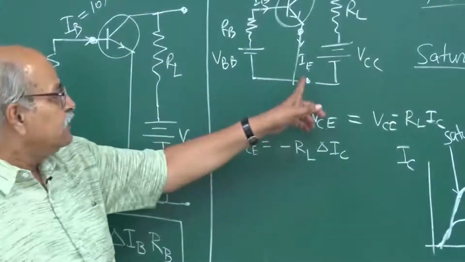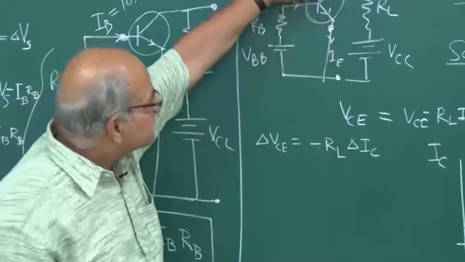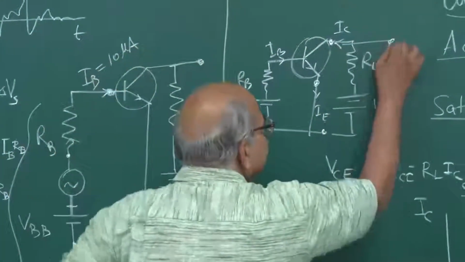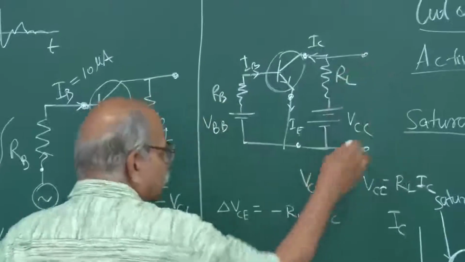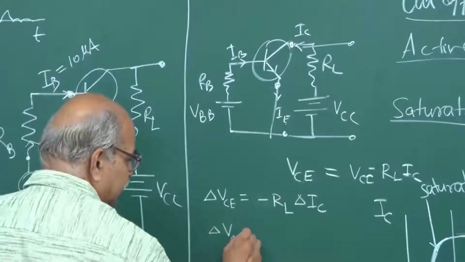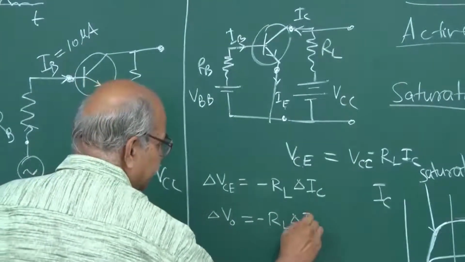VCE is the voltage between collector and emitter. Here is the collector and here is the emitter. So this voltage is the output voltage. So VO, or delta VO, the output voltage, is minus RL times delta IC.